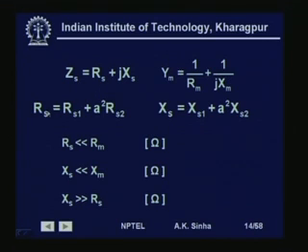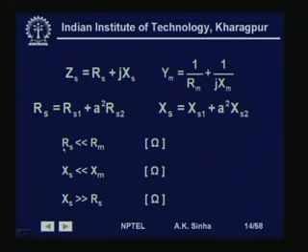Now, here RS is equal to RS1 plus a square RS2, that is the transformed resistance from the secondary side to the primary side. XS is equal to XS1 plus a square XS2, that is the transformed reactance taking care of the leakage reactance part of the secondary winding.